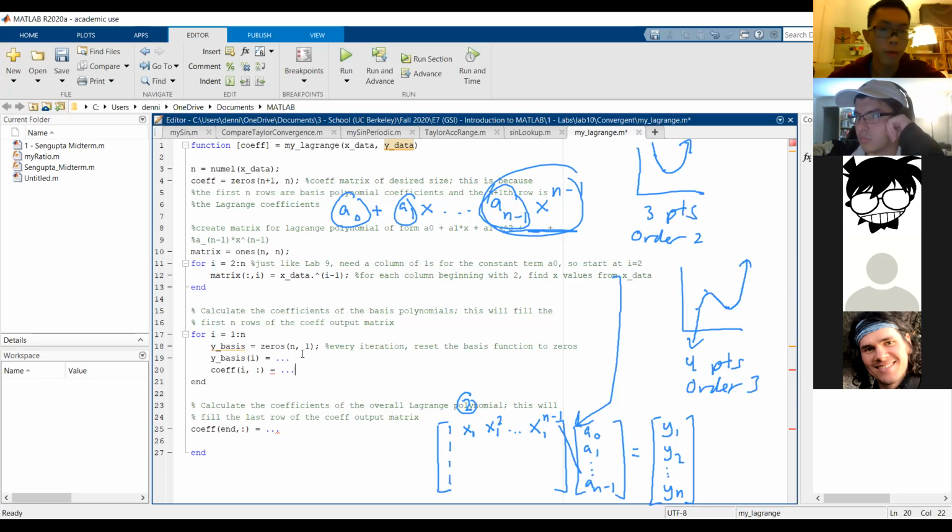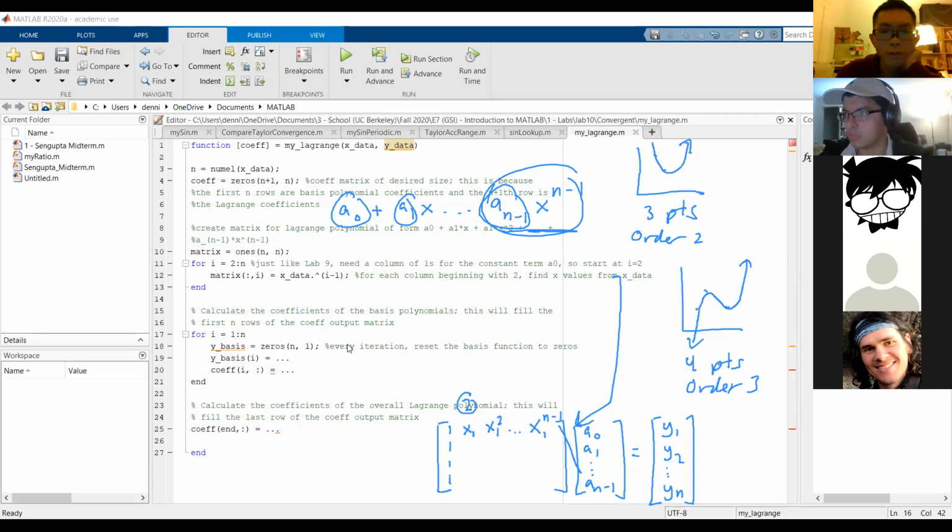Now, for this part, we're going to want to do another for loop. This part I'm not as familiar with, so I'll need to take a look at the PDF. What are we trying to do here?